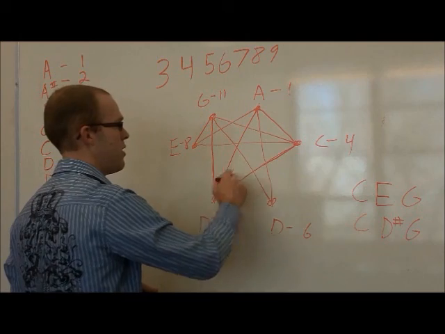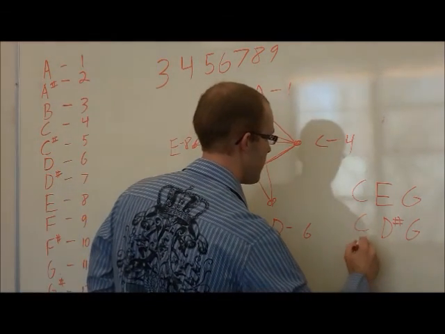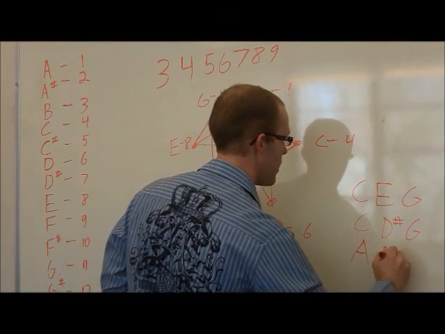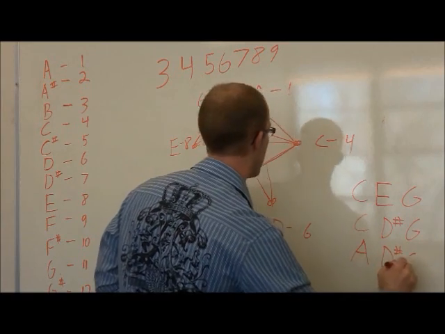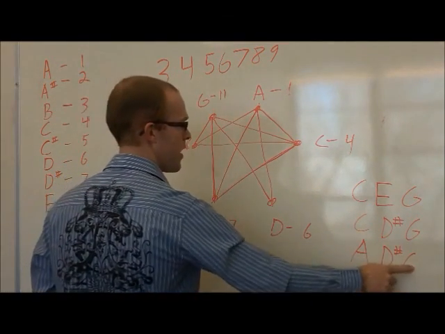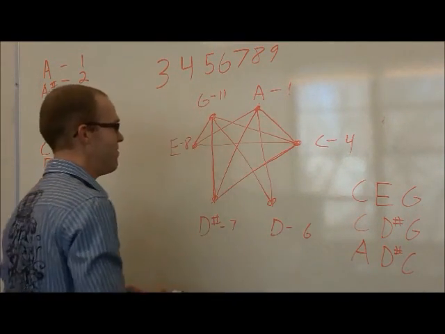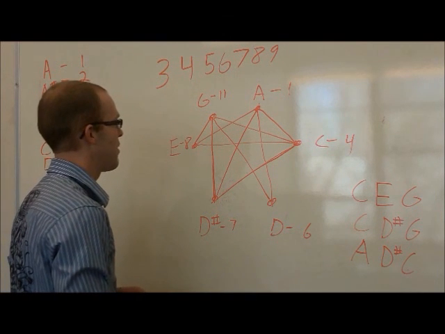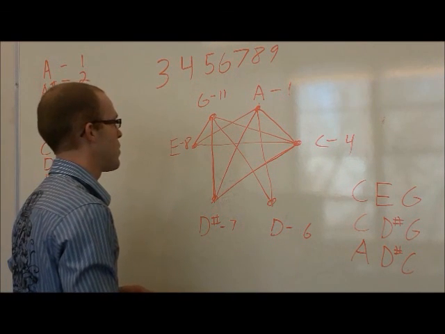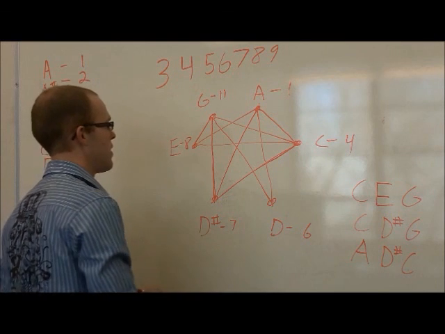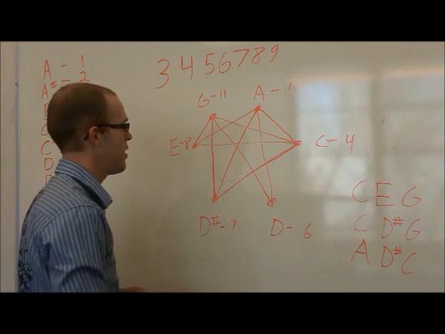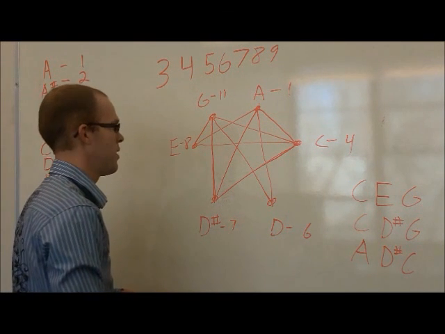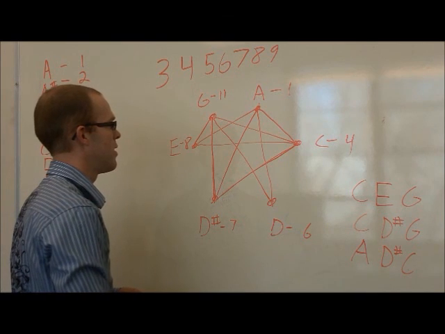We have A, D sharp, C. That's a G, we want a C. What else can we come up with? So that added, we have A, C, E. That's not listed in there.